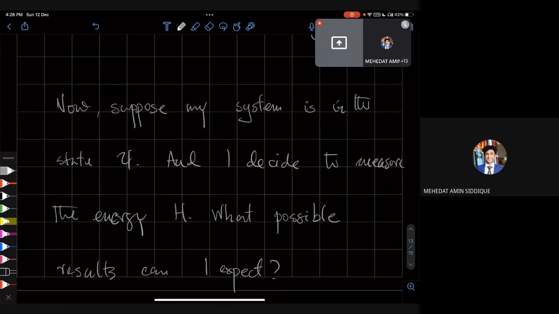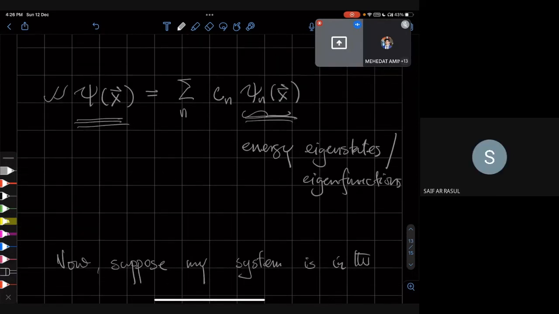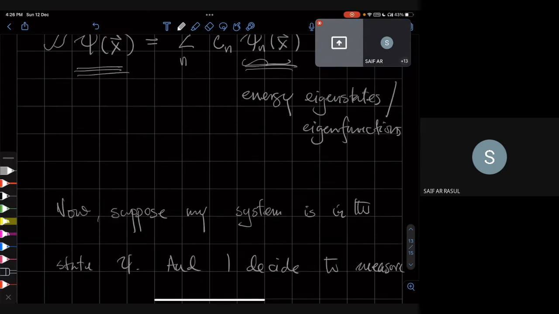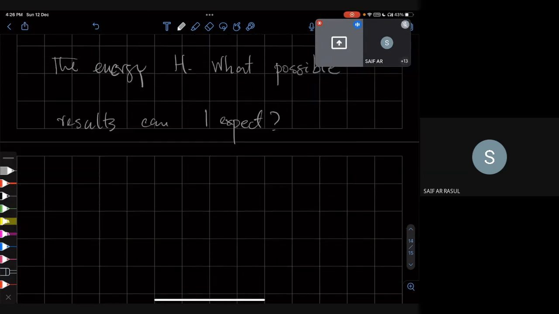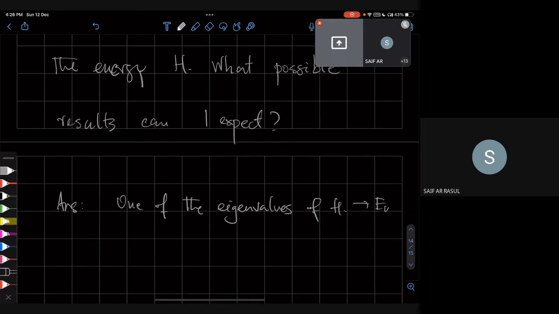Anyone else want to try? And it has to be one of the eigenvalues, right? Exactly. So the answer is En, one of the Ens.